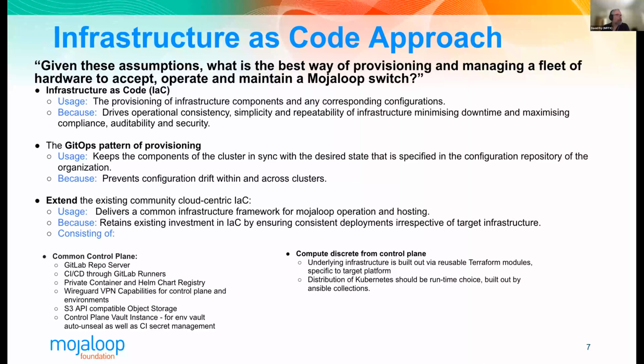But we want to use a modular approach of the community cloud-centric IAC approach from earlier, and we want to modify it in order to become more cloud agnostic, more modular, so that pieces can be replaced as appropriate. And we want to leverage all the work that went into that AWS specific IAC.